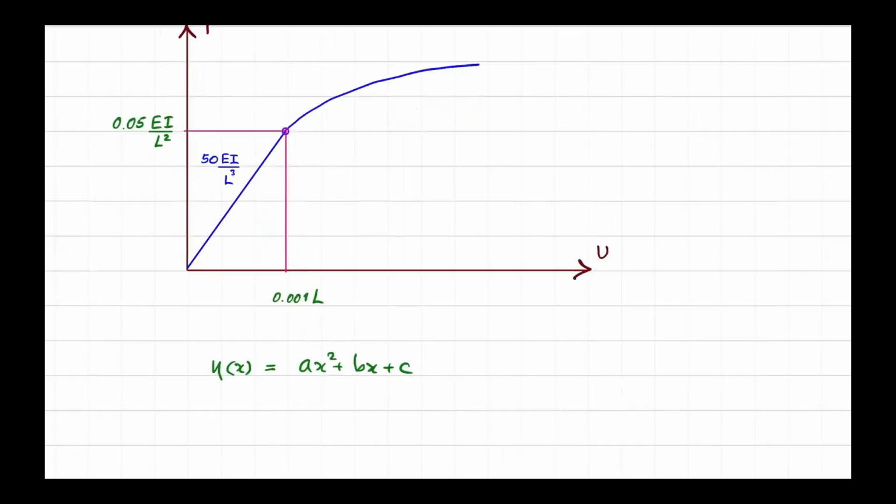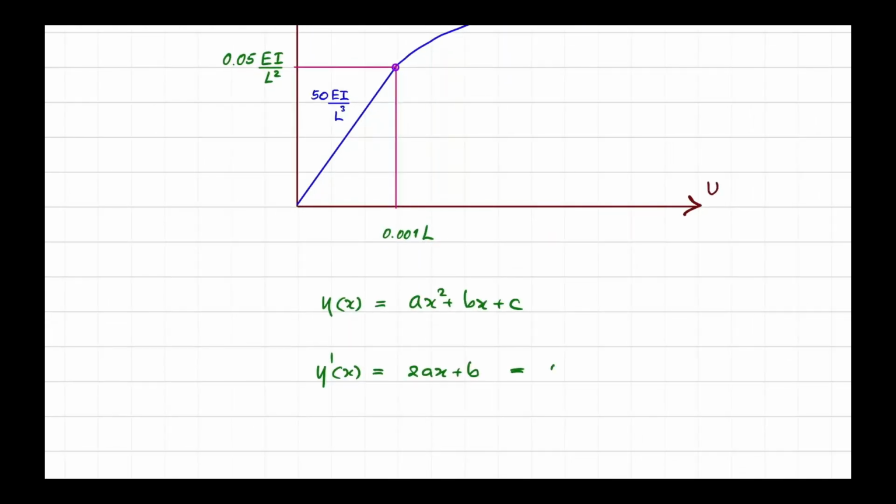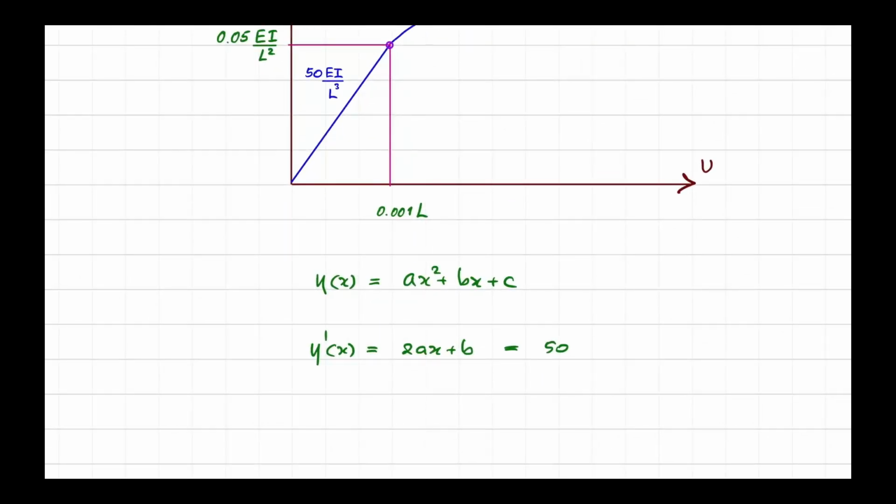Over here, we have the slope that has to be 2ax plus b equals 50, right? Initial slope was 50 EI over L cube. So if the y prime is 50, evaluated at x, or u, okay, it should be the u, right? Inconsistent.